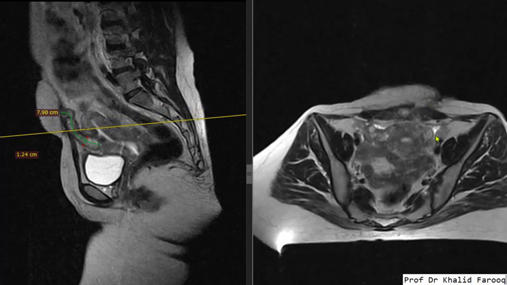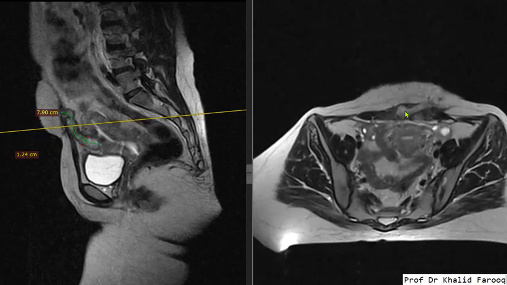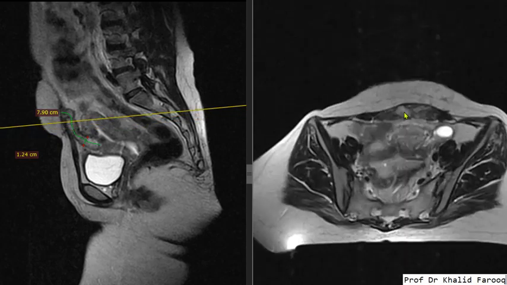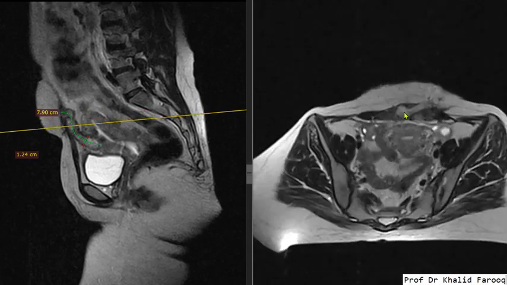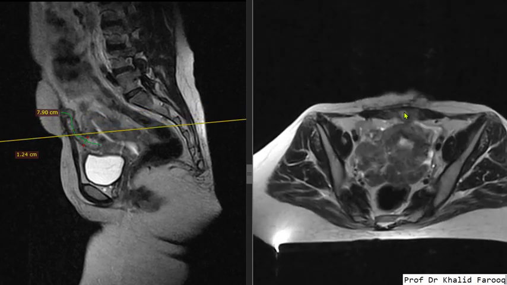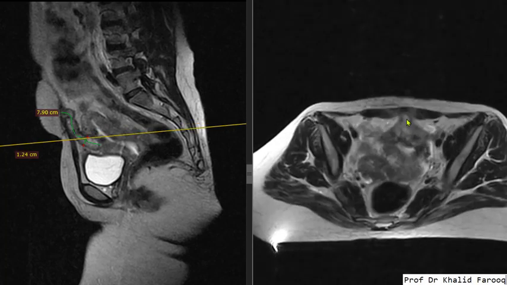We can trace it. This is muscular portion of the anterior abdominal wall. From here it extends into abdominal cavity. Here we can see it communicates with anterior uterine wall.